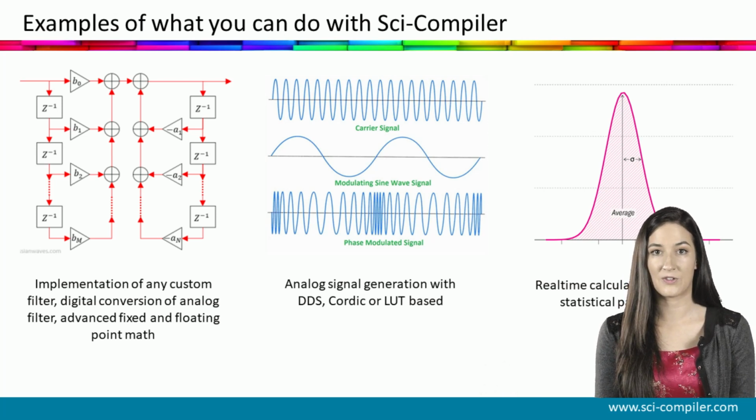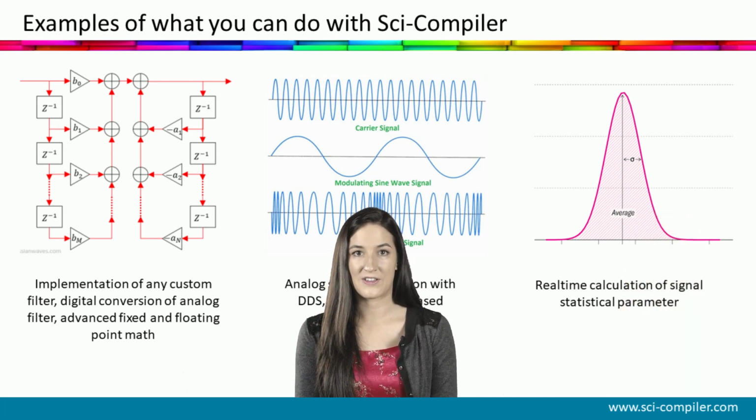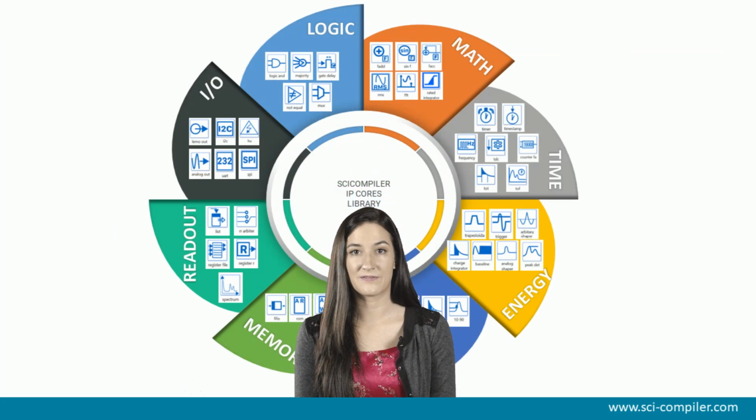For analog signal generation, SciCompiler harnesses direct digital synthesis, CORDIC algorithms, or lookup table-based methods, providing a wide range of options for precise waveform creation. Lastly, the real-time calculation of signal statistical parameters like average and sigma offers immediate insights into the data's underlying statistical behaviors.